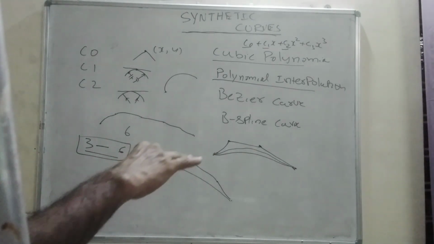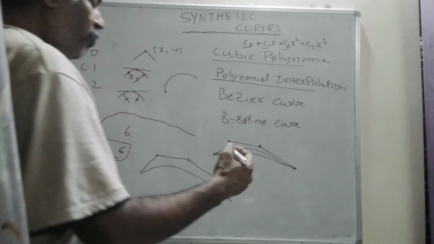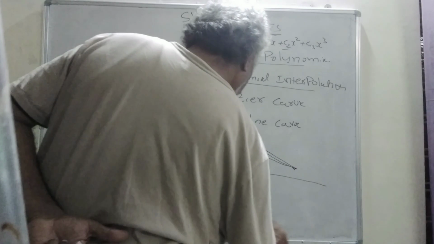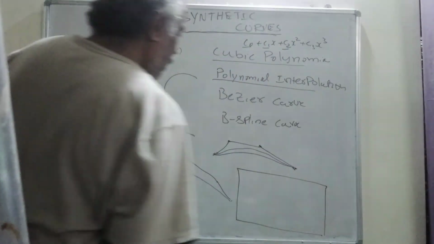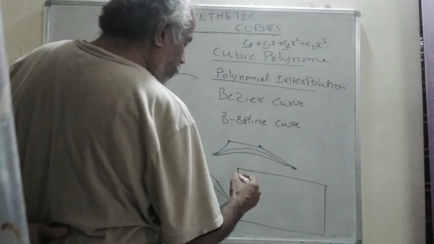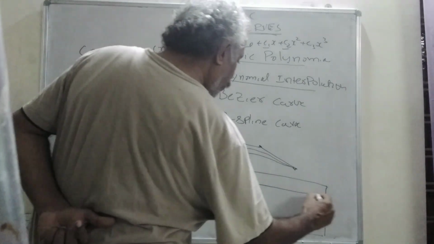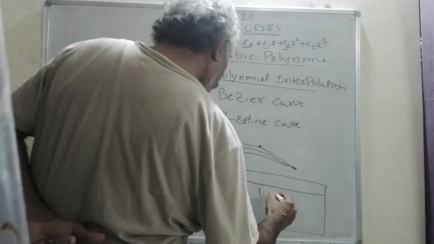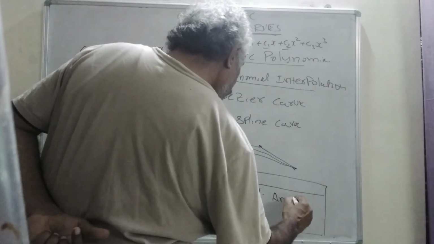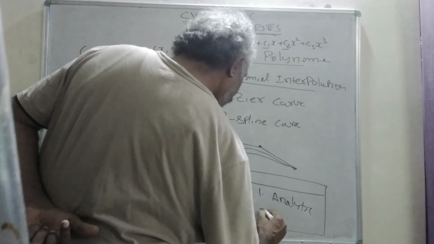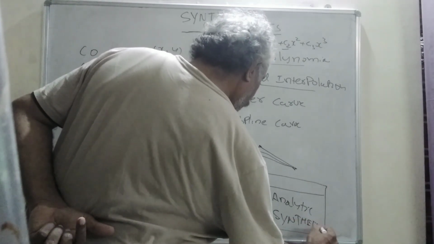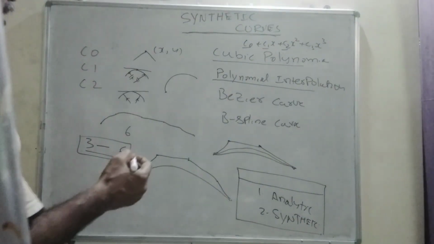So basically, we are going to write a small menu-driven program covering all these curves. In this menu-driven program, we will have two options: one is analytic curves, and second is synthetic curves.